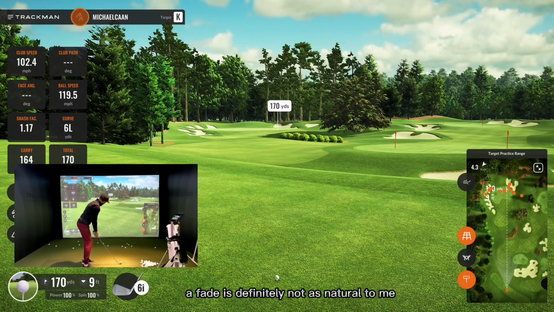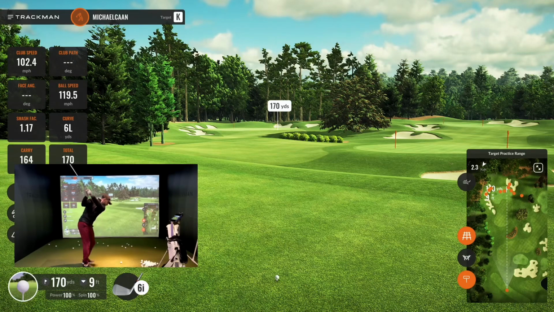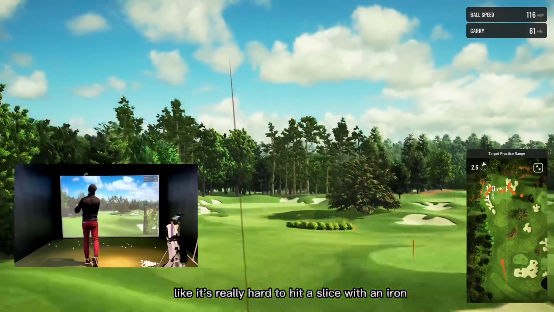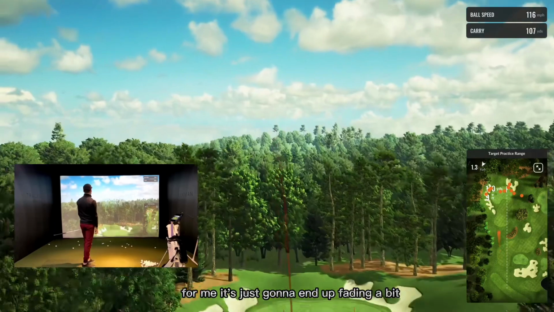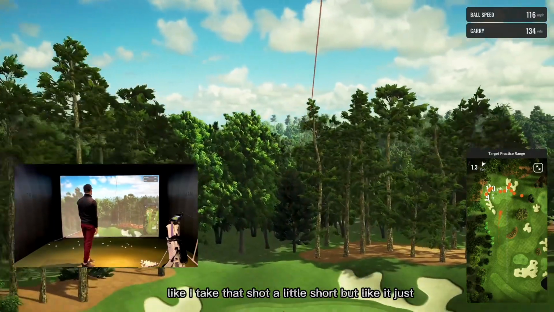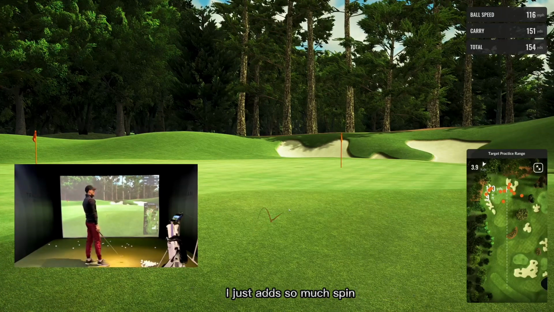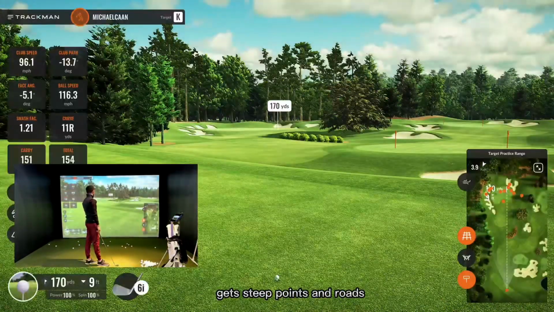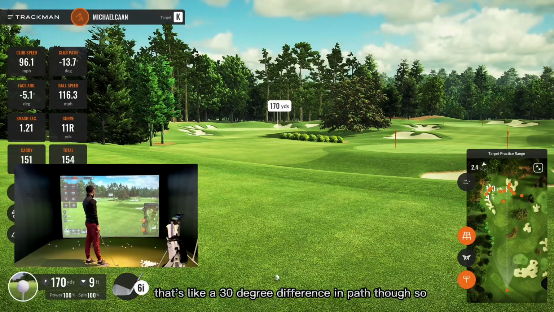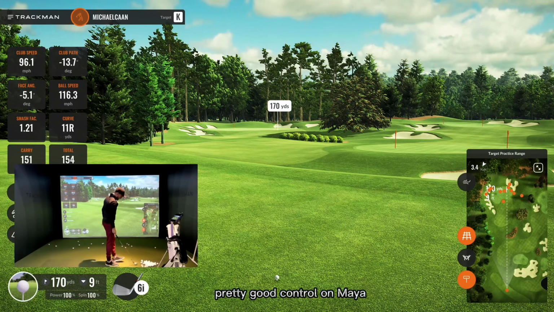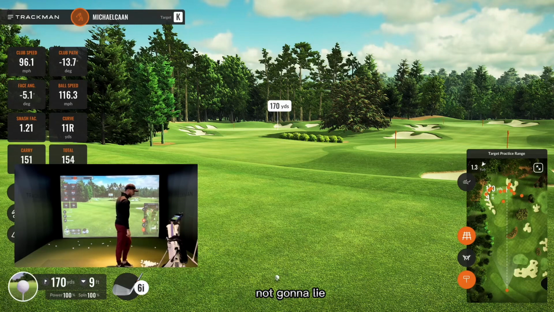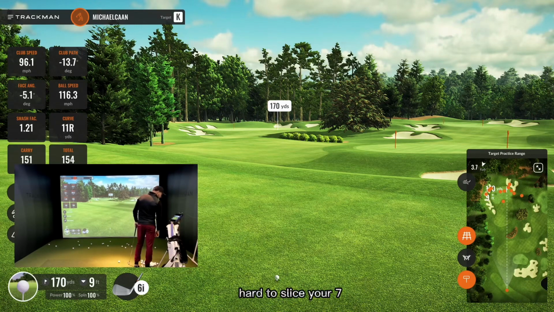A fade is definitely not as natural to me. It's really hard to hit a slice with an iron for me. It's just going to end up fading a bit. I take that shot, a little short, but I add so much spin, get steep on it, it's just gross. 13 path though, that's like a 30-degree difference in path, so pretty good control on my end, not going to lie.